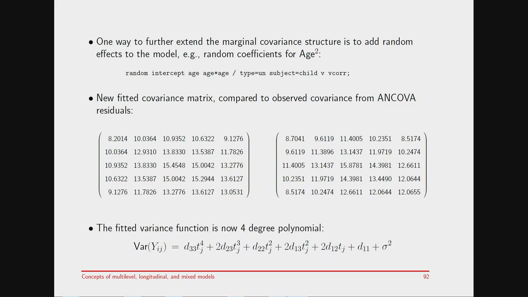If you have random intercepts, time effects, and time squared effects, your variance function becomes a 4-degree polynomial. If you would add here b4i t to the power 3, then your variance function would be a 6-degree polynomial. So each time the degree of the polynomial increases by 2.